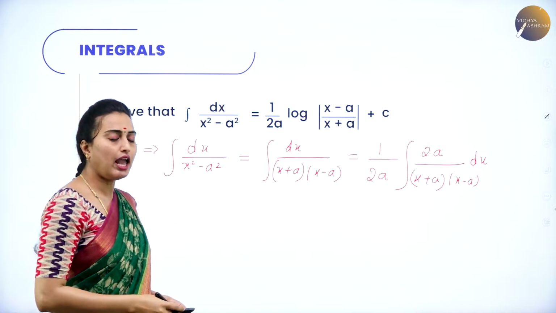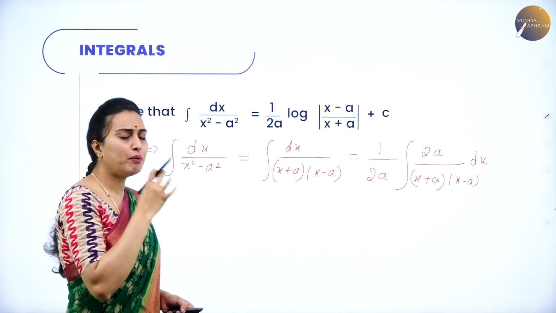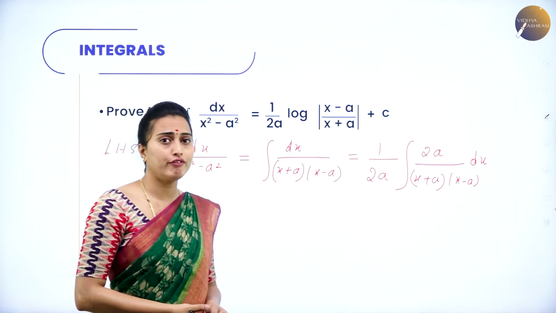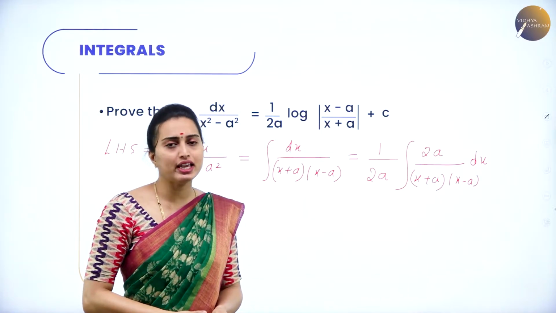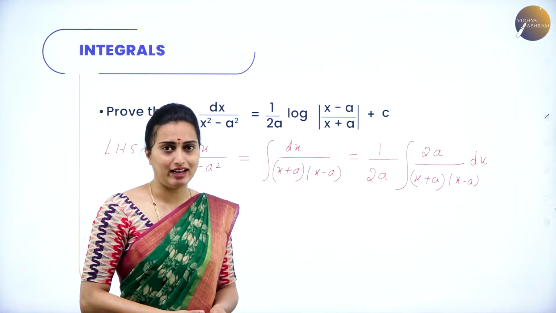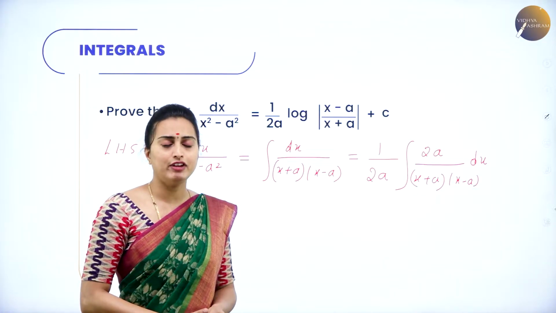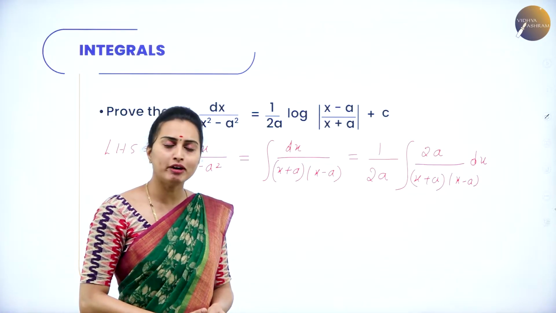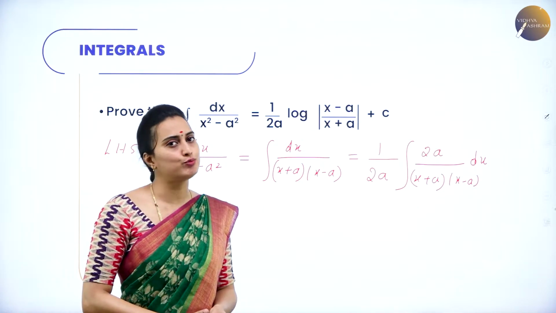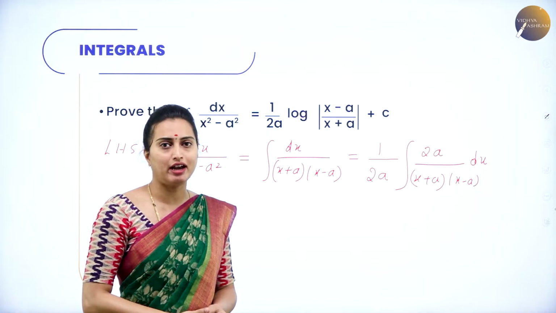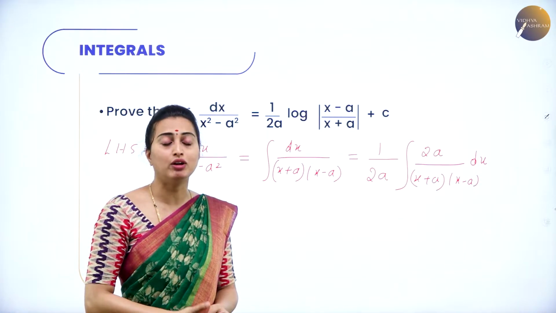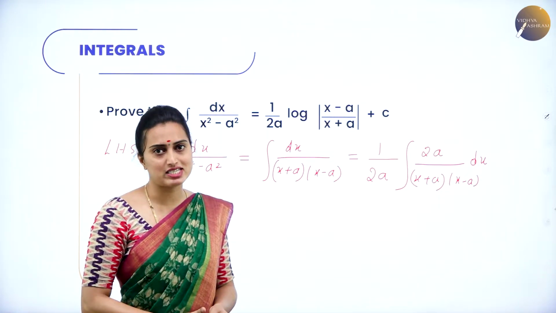Now dears, I am going to make here, in the denominator you are having the combination of x and a, but in the numerator you are having only a. 2a can be written as a plus a, and then since the denominator I am having in terms of x and a, the numerator also I am going to make in terms of x and a. Therefore, if you do not have x in the numerator, I can do, according to the mathematics rule, adding and subtracting that x, right?